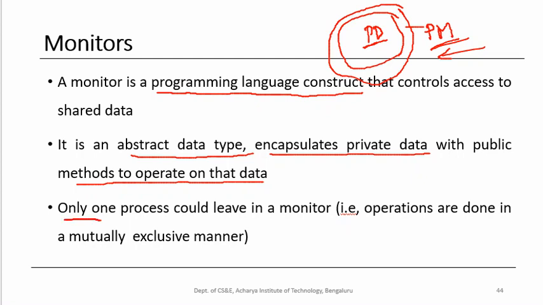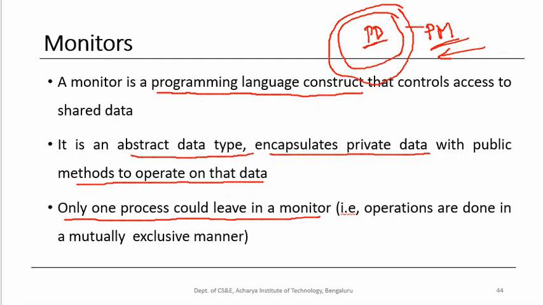Here, a monitor has to ensure that only one process can live in a monitor. That means when one process is accessing the monitor, or accessing the shared variable through the operations defined in the monitor, no other process can do some other operation on the shared variables. So this is what monitors are all about.